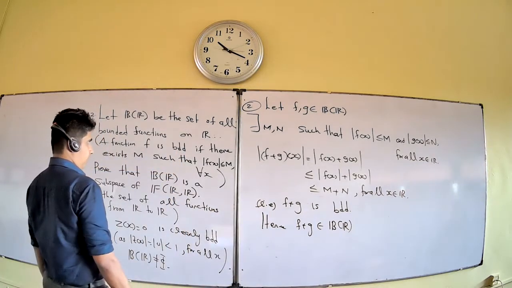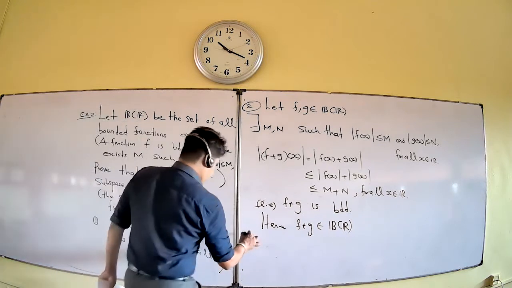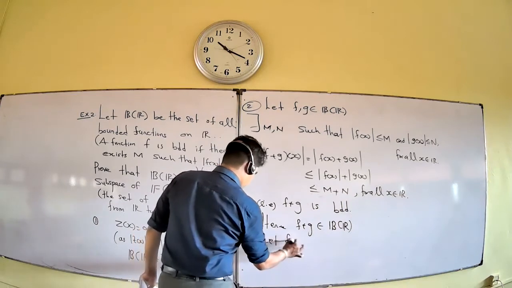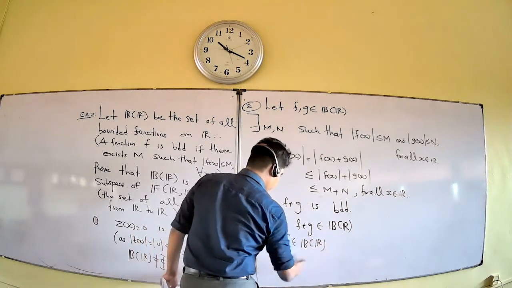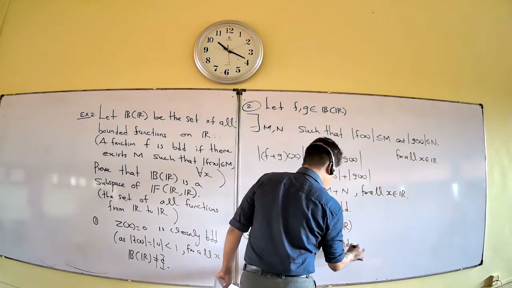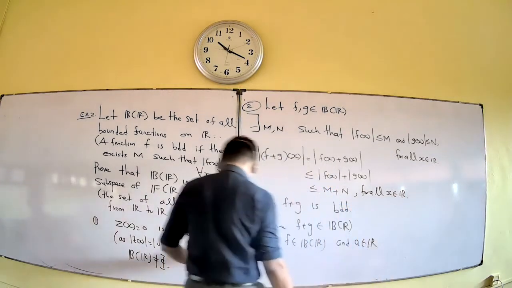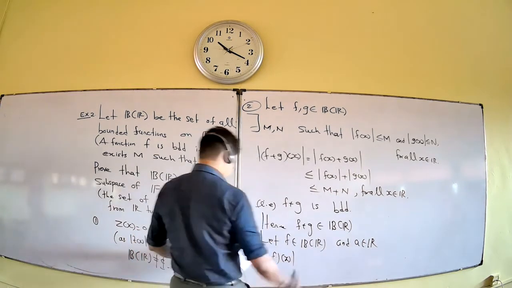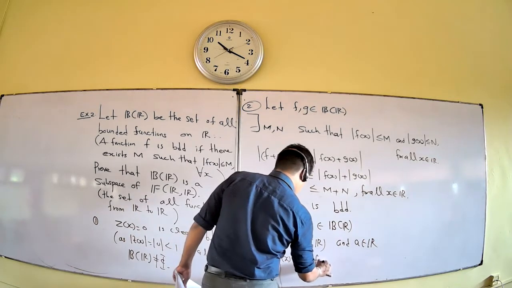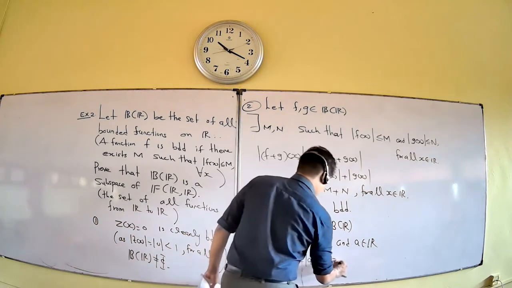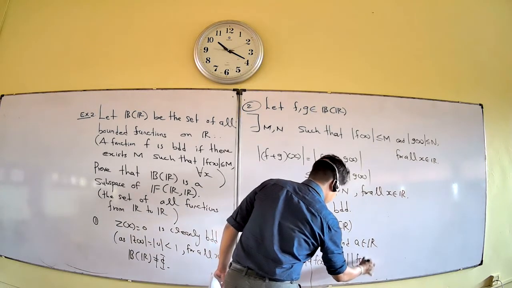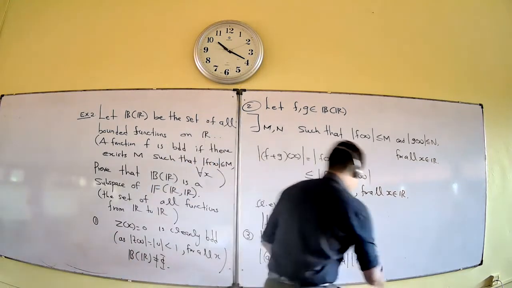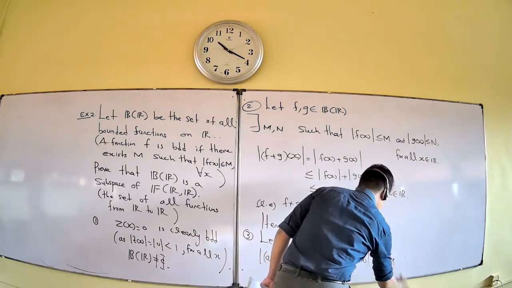Okay. Next, you want to check the third condition. So let f belong to B(R) and a belong to the real numbers. You take this one, af(x). We can write modulus of a into modulus of f(x). But f belonging to B(R) means f is bounded, so we will write this as less than or equal to modulus of a into m.